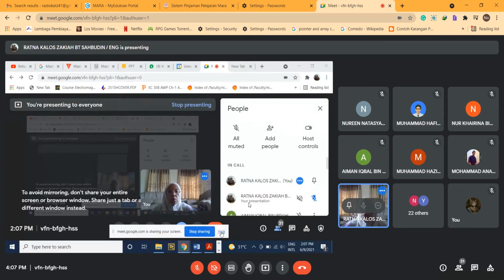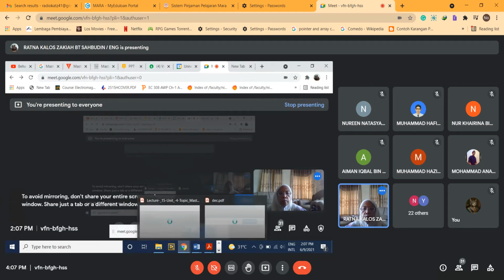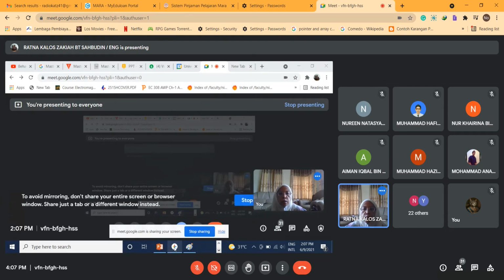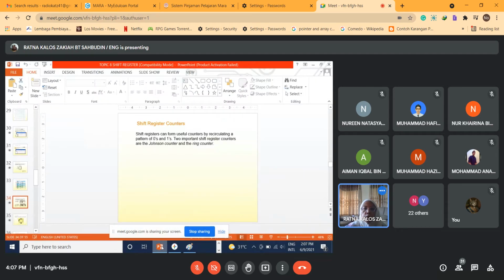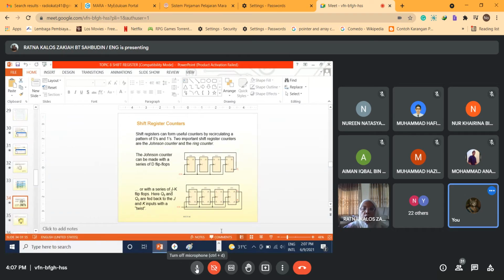Aduh. Just tap on different window. Can you see the slide? Okay.